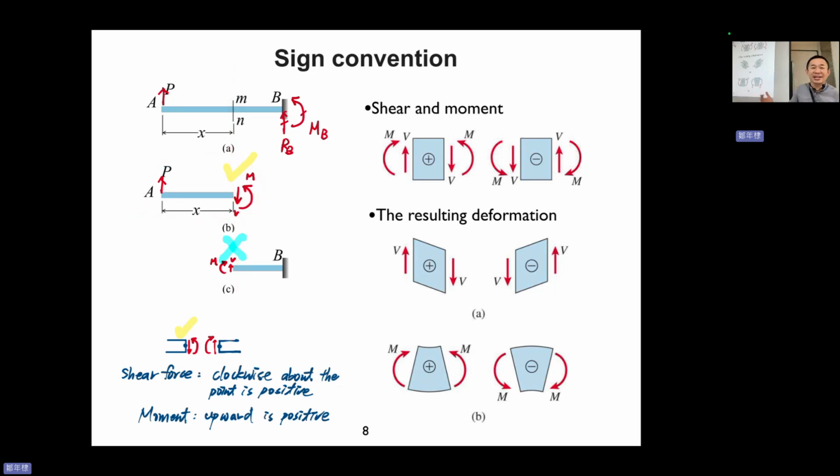This is the sign convention. Otherwise, you will end up with all the values negative, opposite to others. Actually, I remember different countries use different sign conventions. Maybe Europeans choose this side.